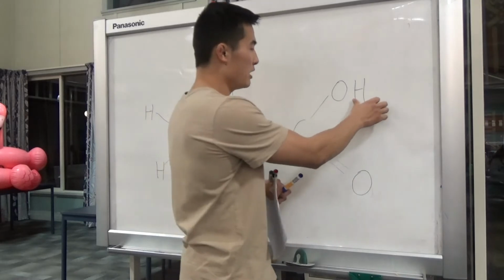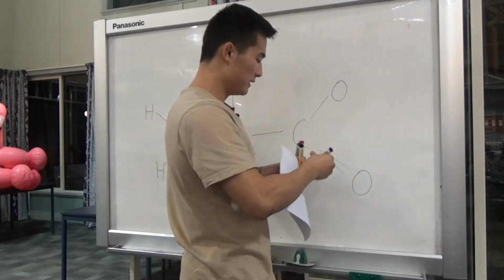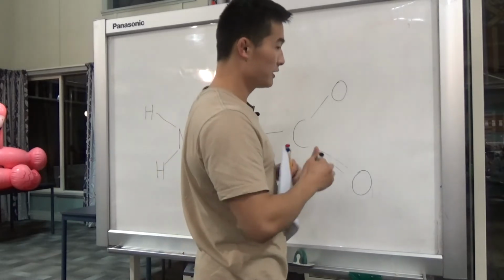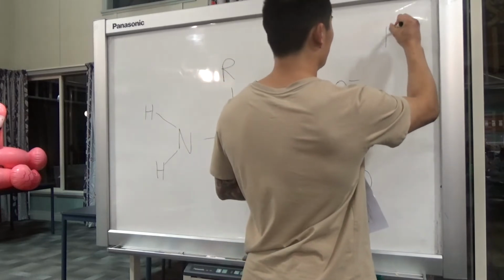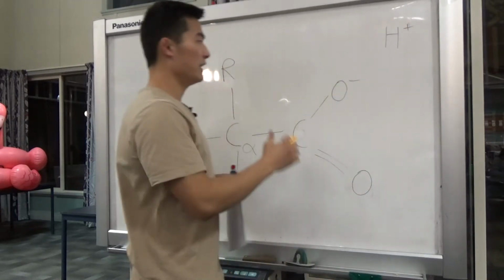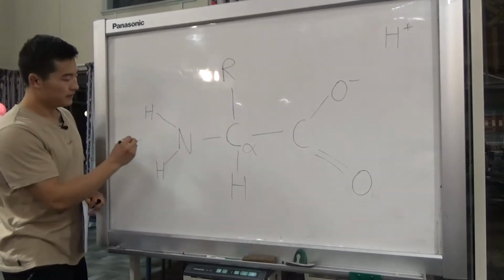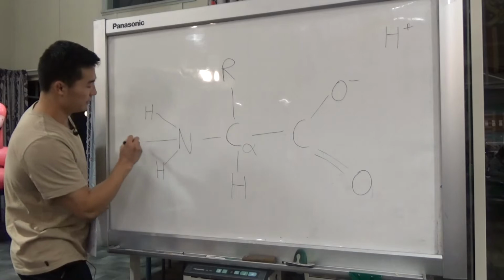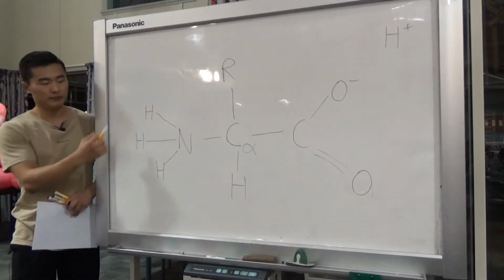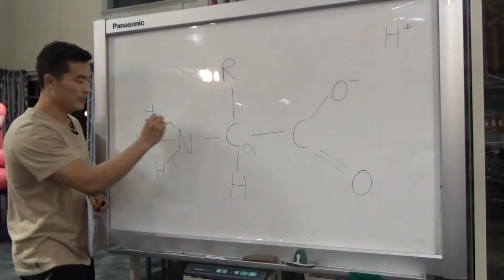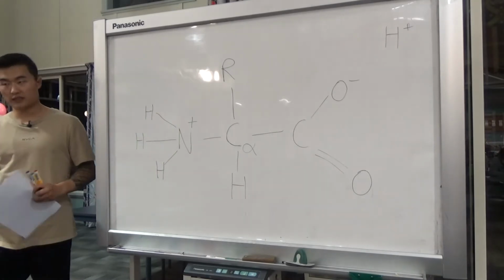So this one's going to come off. This carboxyl group is going to become negatively charged, and you'll have an H plus that's come off. This amino group is going to pick up an extra hydrogen and become positively charged.